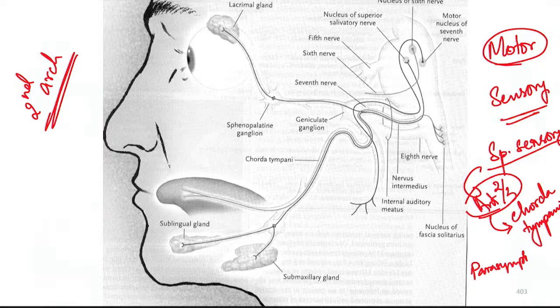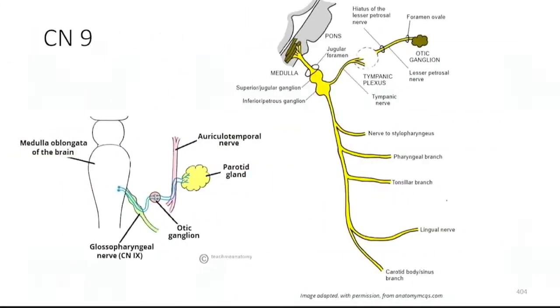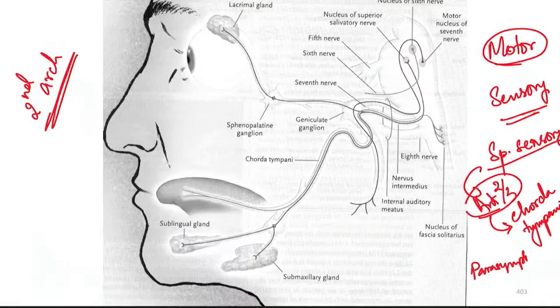And again, it gives off a branch to the stapedius in the middle ear. Okay, stapedius is present in the middle ear, right? So within the facial canal, it also gives off the nerve to stapedius. It is not shown over here.